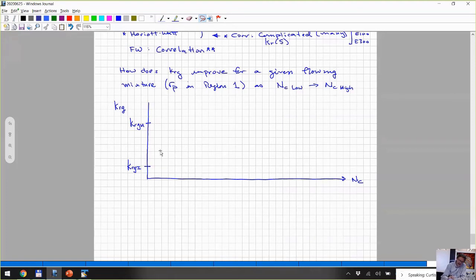So the behavior should be something that's basically following this line until you start getting some capillary number effect, and then this will increase, and then it's going to be limited by the straight line behavior here, as this is limited by the rock curve. So this is going to be turning and then flattening towards this value here, straight line.